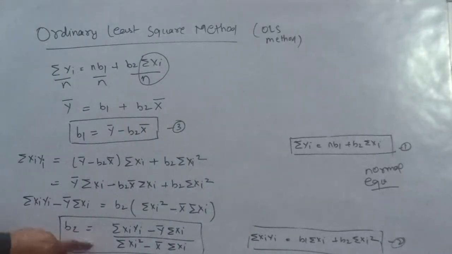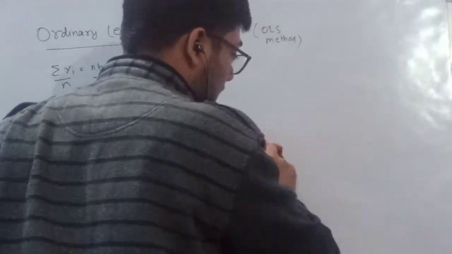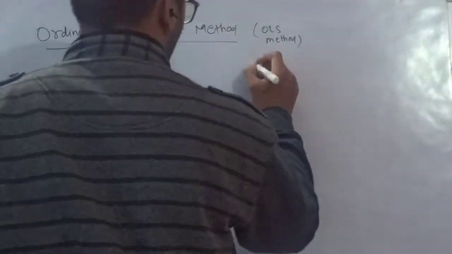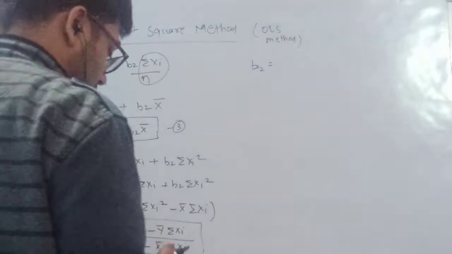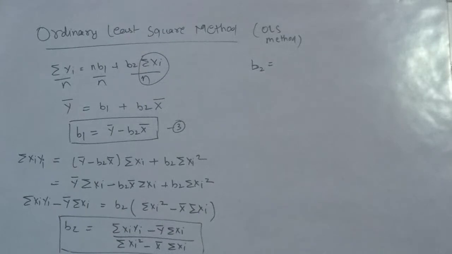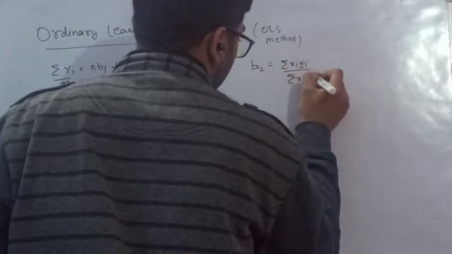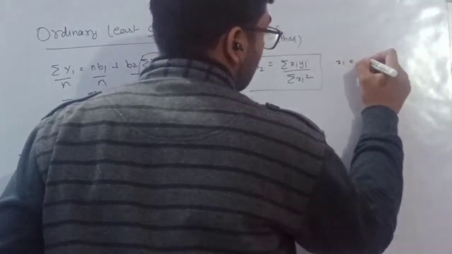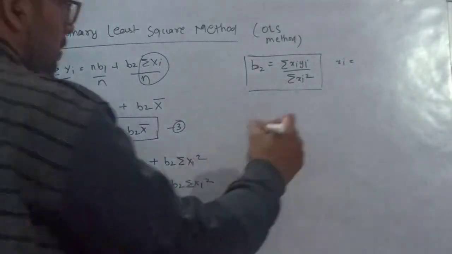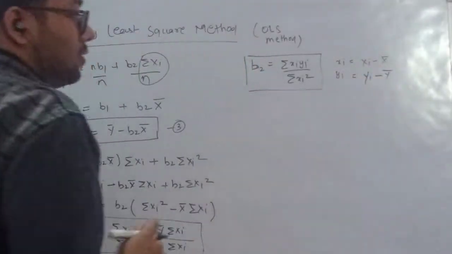So now one further step from here is we can write b2 is summation xi yi upon summation xi square, where xi is equal to xi minus x bar and yi is equal to yi minus y bar.